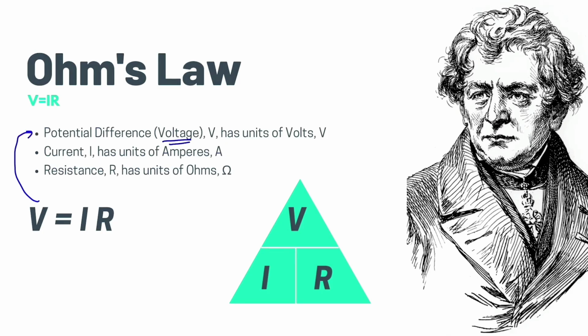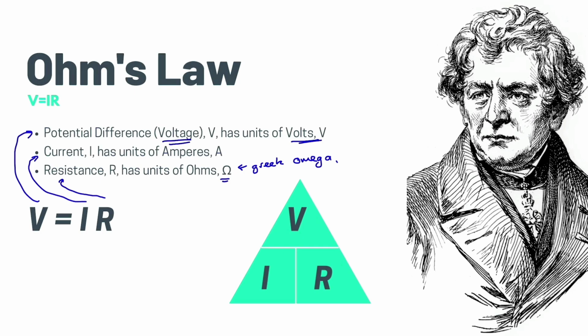You use those terms interchangeably. You might sometimes see it as potential difference. You might sometimes see it as voltage. And it has units of volts. I stands for current, and it has units of amperes. And R stands for resistance, which has units of ohms, which is the Greek sign for omega.